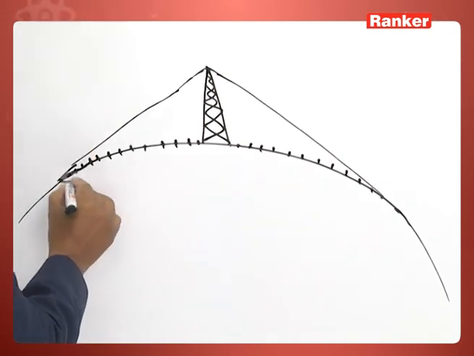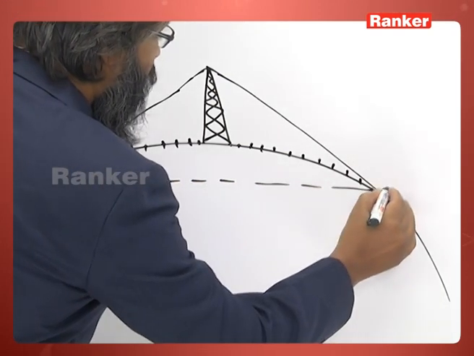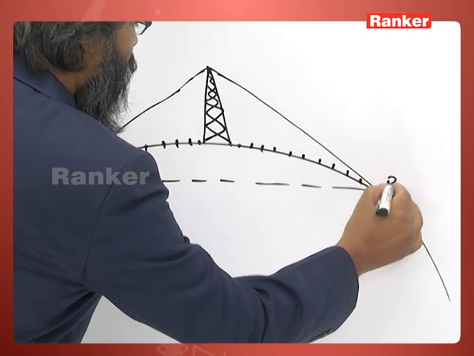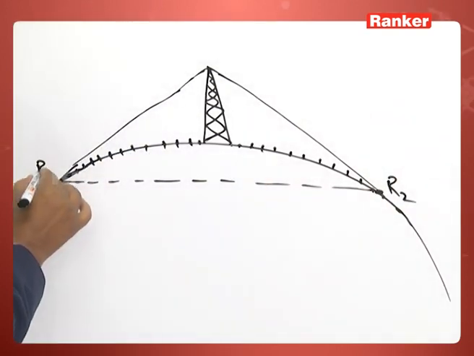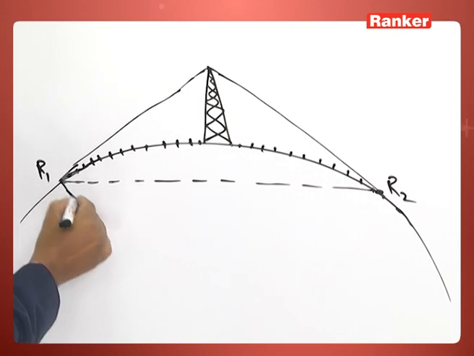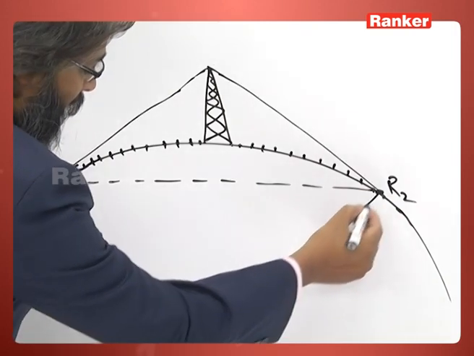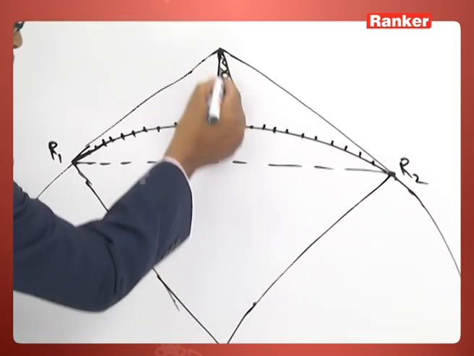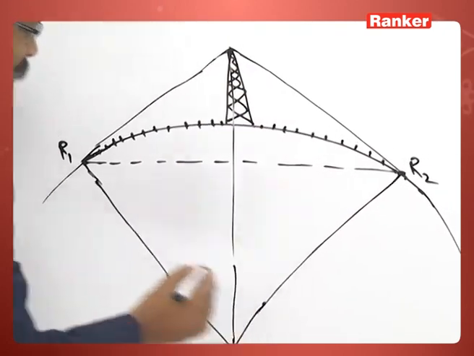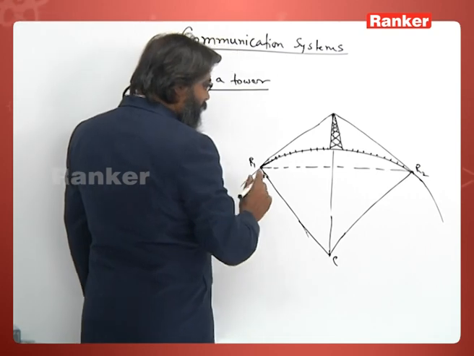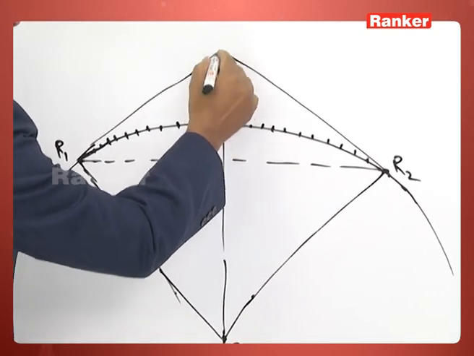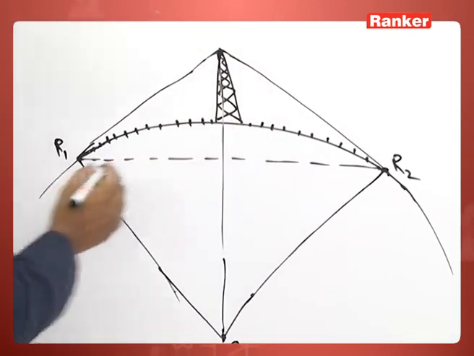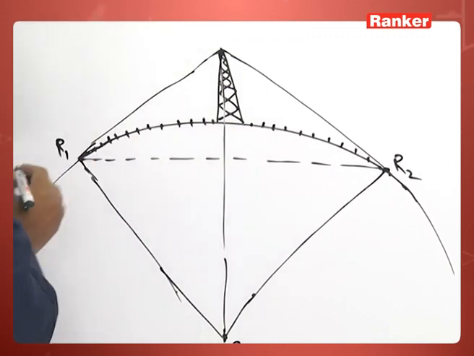Let us join these two points, suppose this is R2 and this is R1. You draw the normal on this, and this normal passes through the center of earth. This is C, and this height is h. I can neglect this distance.